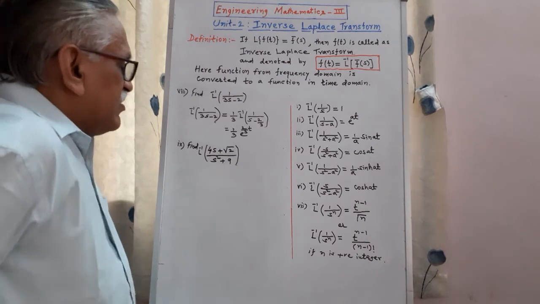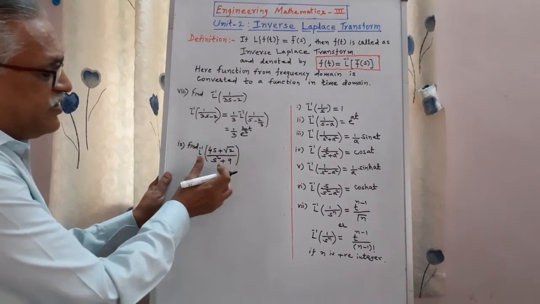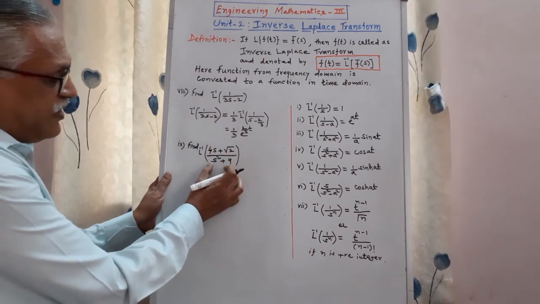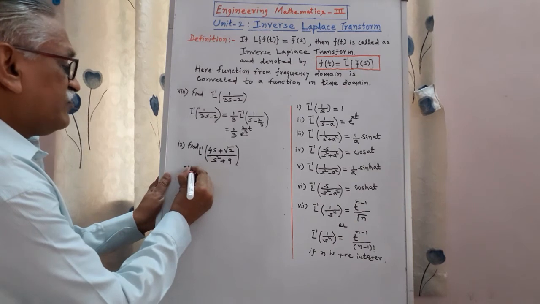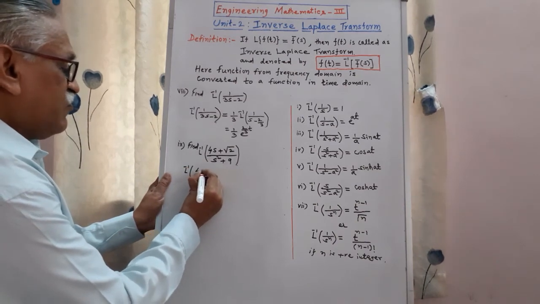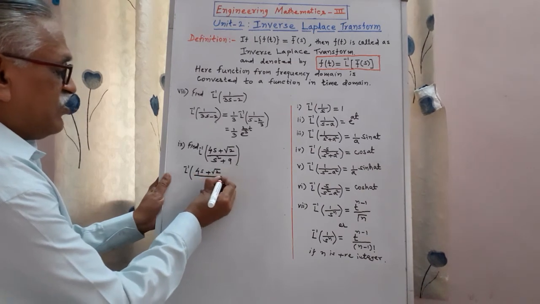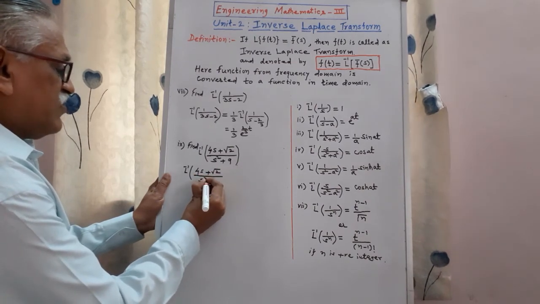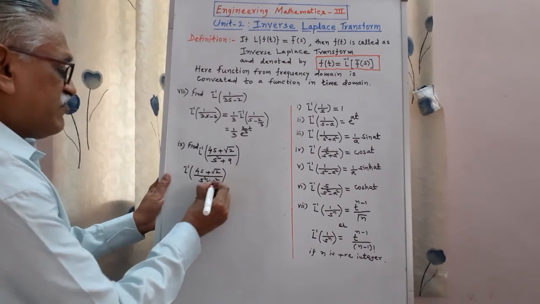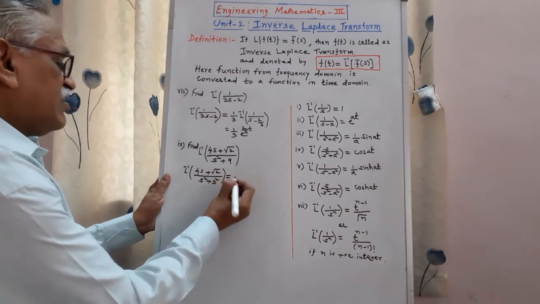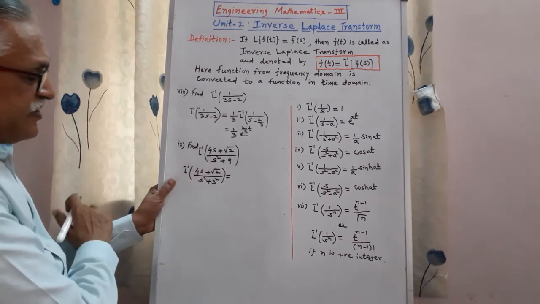Here there are 2 terms in the numerator. Therefore, dividing separately, we get inverse of 4s plus root 2 divided by s square plus 9, 9 means 3 square. Separate division, and then applying property of linearity.